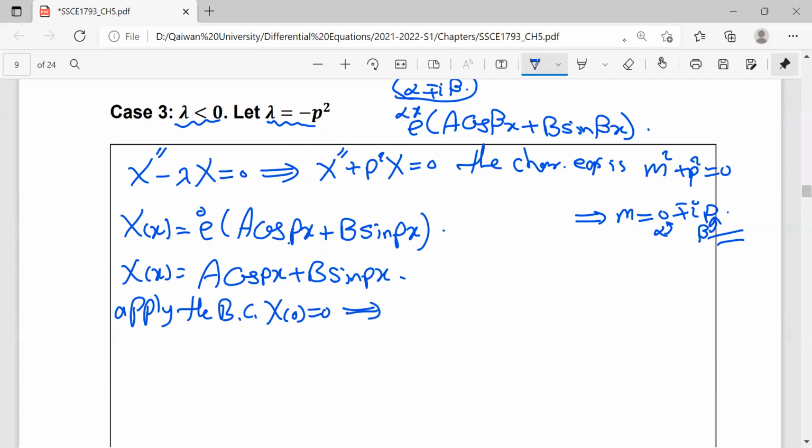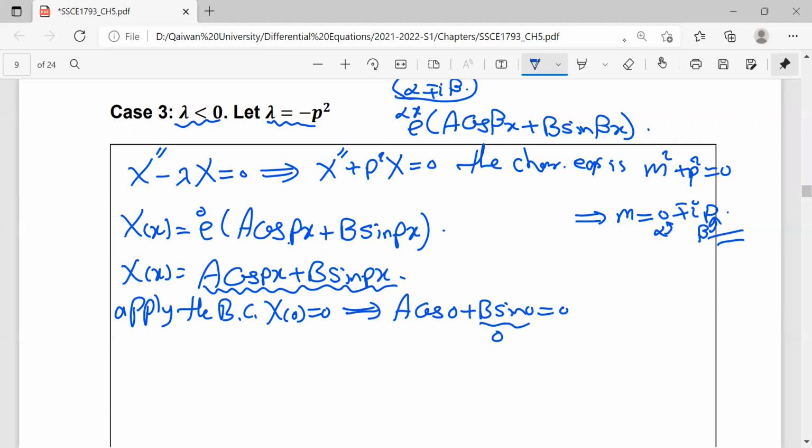If we replace x to be 0 here, sine 0 is 0, so the second term becomes 0. And in the first term, we get a cosine 0 plus b sine 0 equals 0.